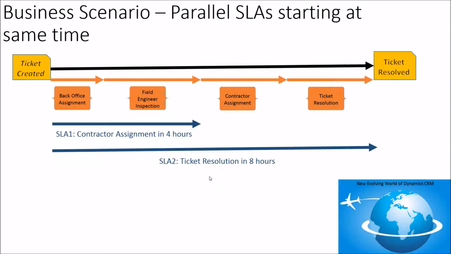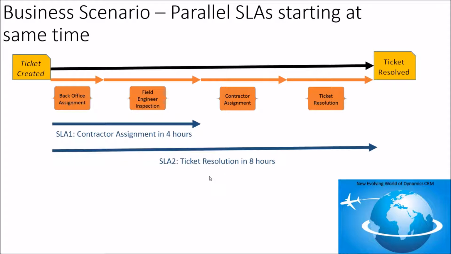I will create one SLA which is applicable from the created on, because all the sub items of the SLA are starting from the same point. So created on, modified on, whatever you want to select as a starting point, you give that in the applicable from field. Then after that, I create multiple SLA items like SLA1 and SLA2, and I simply configure them for different time periods.